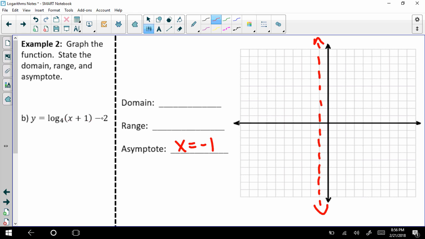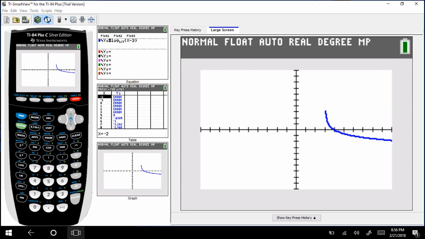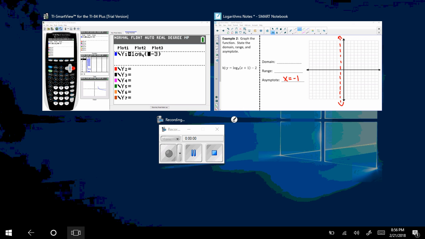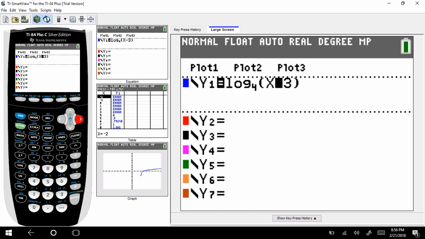So log base 4, x plus 1 minus 2. Plus 1 inside the parentheses, and then out of the parentheses you have to put the minus 2 and graph.